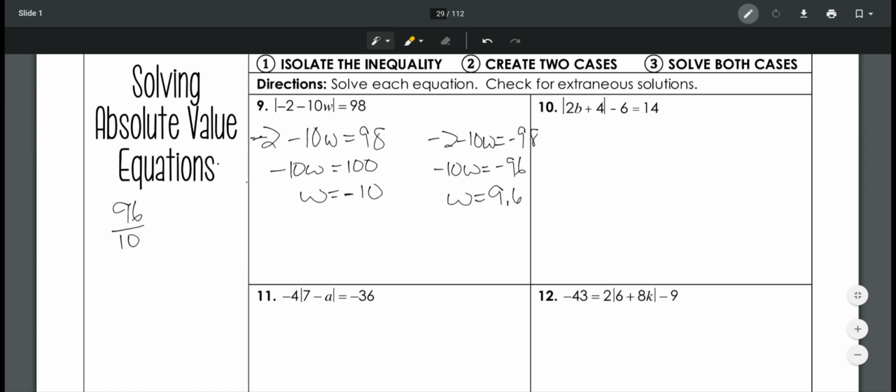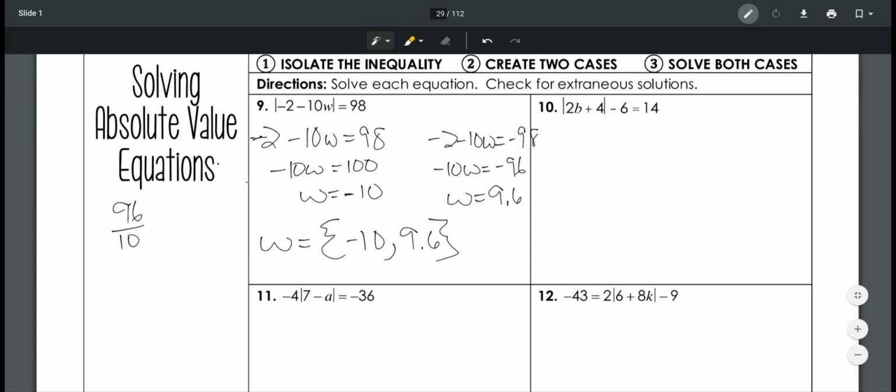But since this divides out perfectly to 9.6, I did not round or anything like that, so I can keep it. If you plug both of those numbers into the original problem, they will satisfy the given absolute value equation. So I can write those down as my answers.